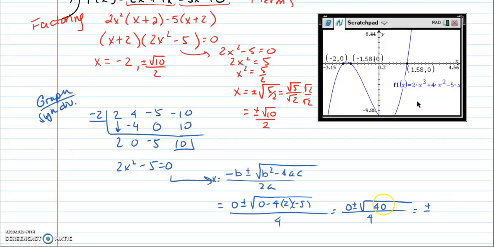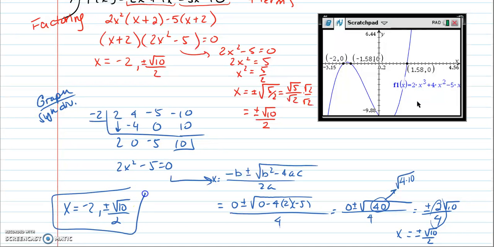So plus or minus, breaking up the 40 is like the square root of 4 times 10, so I'll be taking the square root of 4 out. And here's where I can reduce these. So I'll have x equals plus or minus square root of 10 over 2, which is what I got before. So my final zeros are negative 2 plus or minus square root of 10 all over 2. So here are my zeros for that as well.